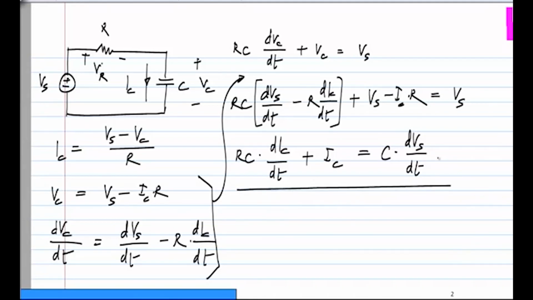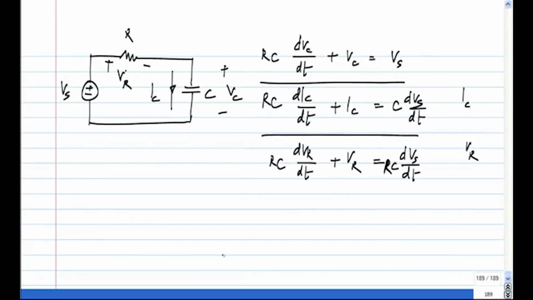And again, if Vs is known to be a constant, we have Rc dIc by dt plus Ic equals 0. Okay, fine. I have written all three with the variables on the left side and the source on the right side. So, what do you notice about these three differential equations? Anything or no?